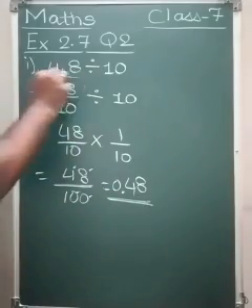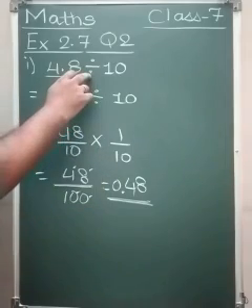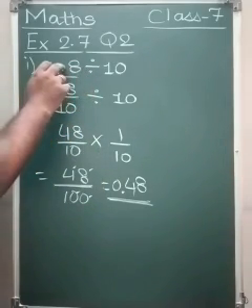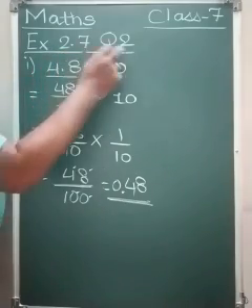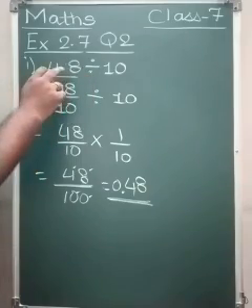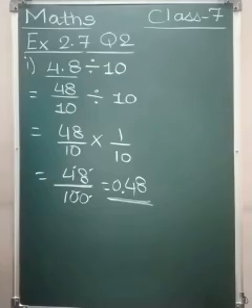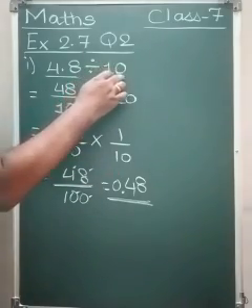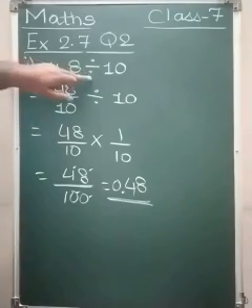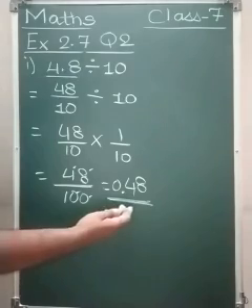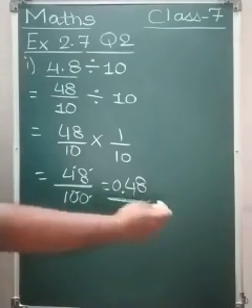Now I will come towards the shortcut method directly. This is 4.8. If multiplication is there, the decimal point shifts towards the right hand side, as many places as zeros are there. Now your 4.8 was there, and we got the answer 0.48.